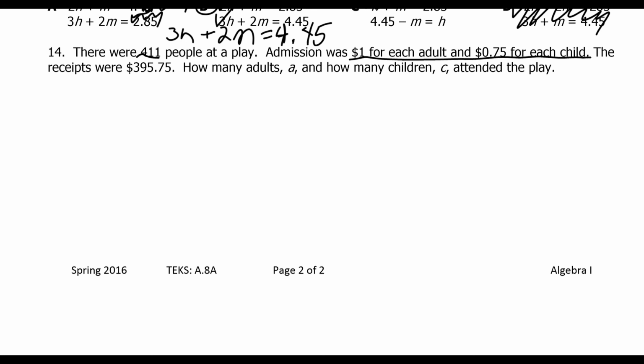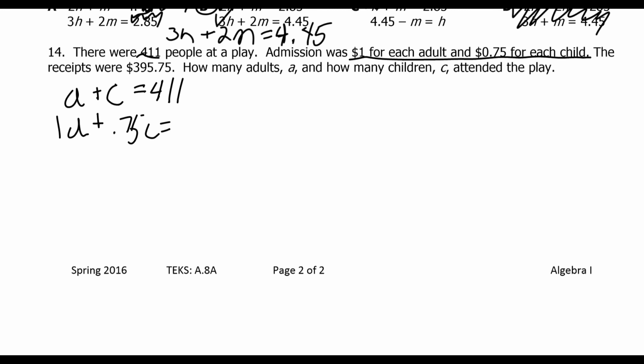Admission was $1 for each adult, so 1A plus 0.75C, if my pen will write correctly. And the totals were 395.75.